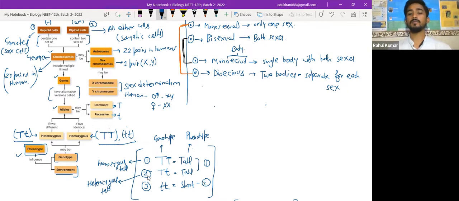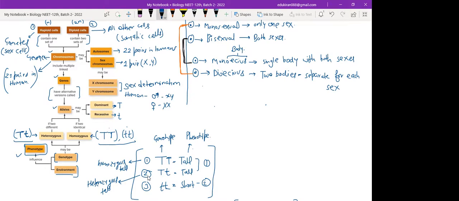Finish this flowchart first. Genotype means the letters, like capital T or small t, and phenotype is whether it is a dwarf or a tall person.